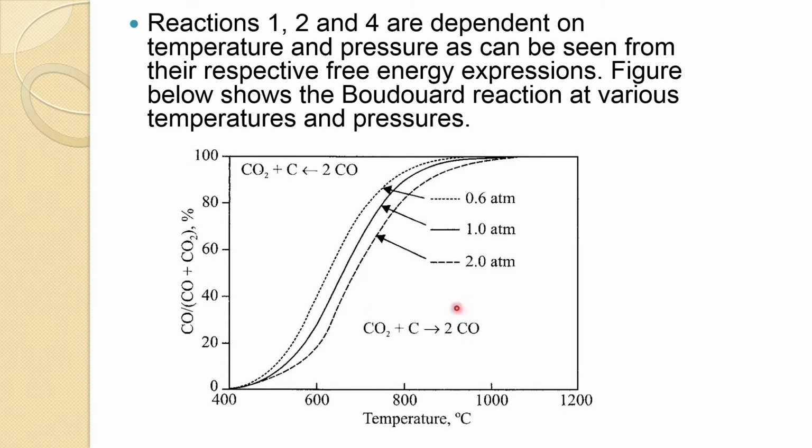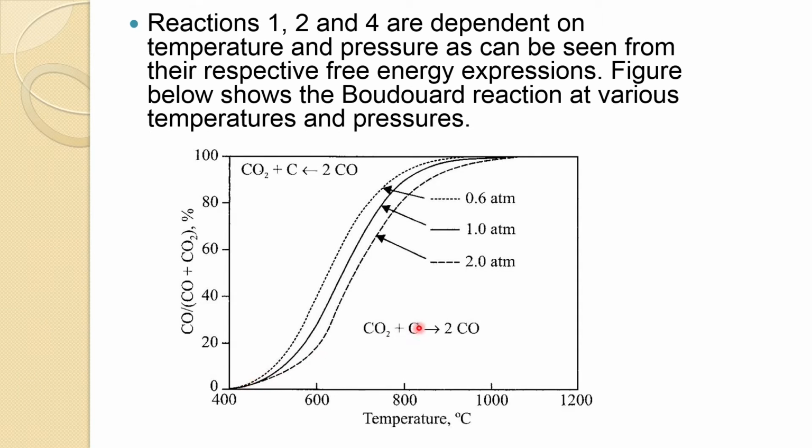So, this is the Boudouard reaction, the carbon gasification reaction, and one can see plotted temperature versus the CO plus CO2 ratio. This actually tells how much CO is being utilized, and as you can see, below 600 this becomes quite sluggish, or 500 or below.